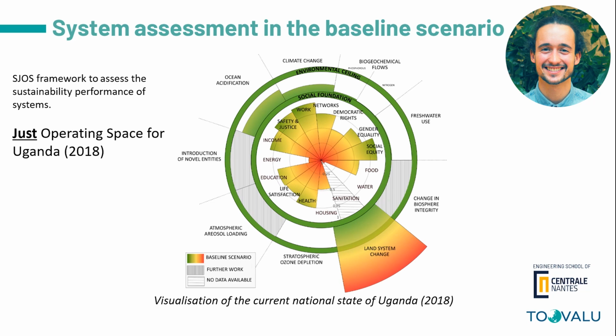You are at full deprivation for one social dimension if you are in the middle of the circle, and then the more you get close to the inner circle, the green inner circle, the less deprivation you observe. So social sustainability is where all social foundation reach the inner circle. So what you can see here is that there is no social dimension for which Uganda is socially sustainable.